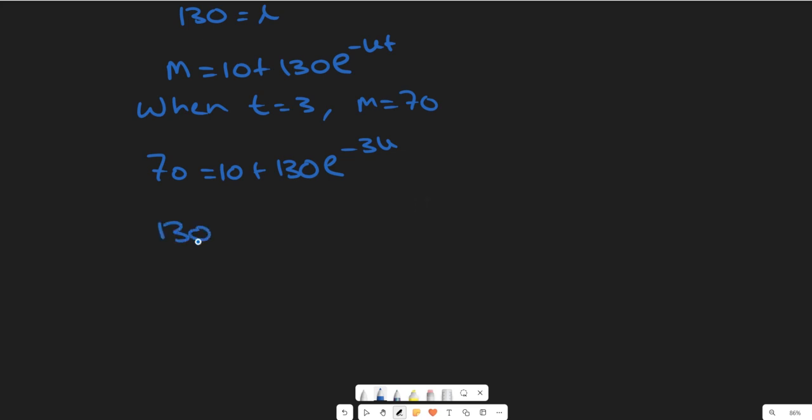So 130 e to the negative 3k is equal to 60. And so e to the negative 3k is going to be 60 over 130, or could that be simplified? 6 over 13. So e to the negative 3k is equal to 6 over 13.